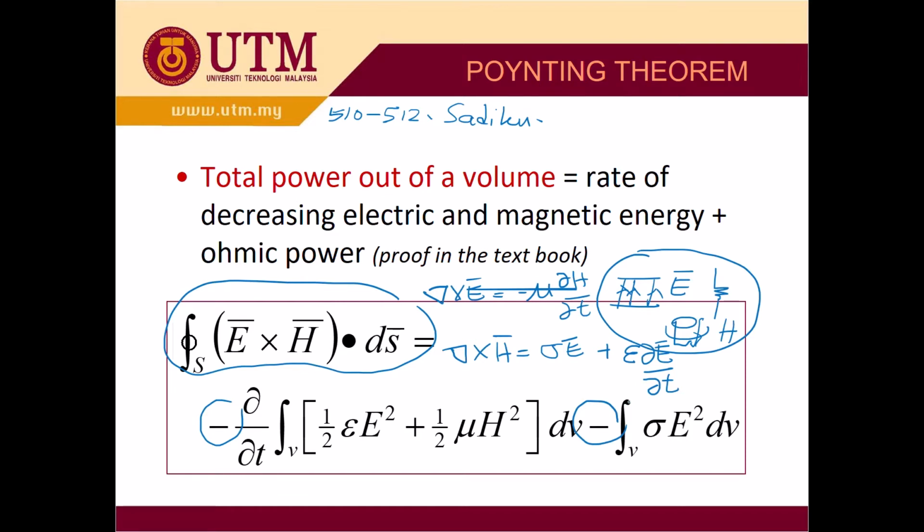Beginning from here, we can derive the expression of the power. Sometimes the final exam will ask about the derivation, so you have to look at this in more detail.